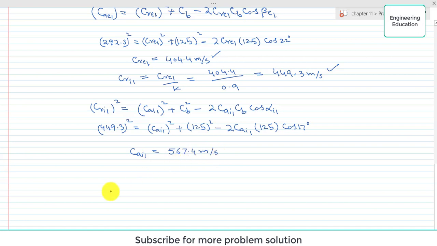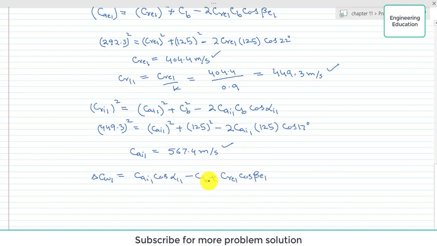Now to find the value of delta CW1, from the velocity triangle for the first row we have CAI1 cos alpha I1 minus CB plus CRE1 cos beta E1.